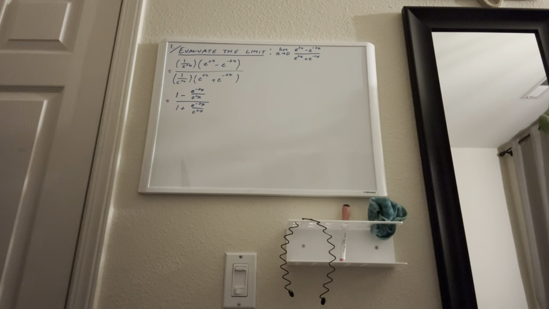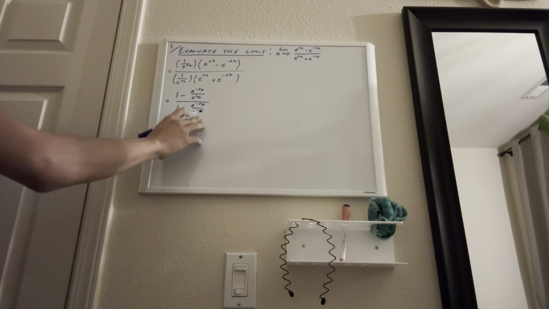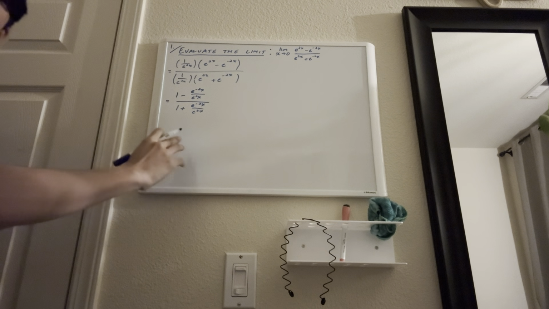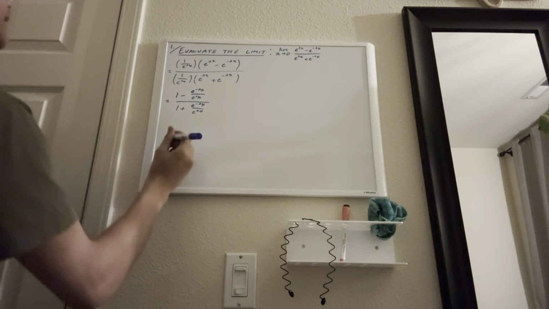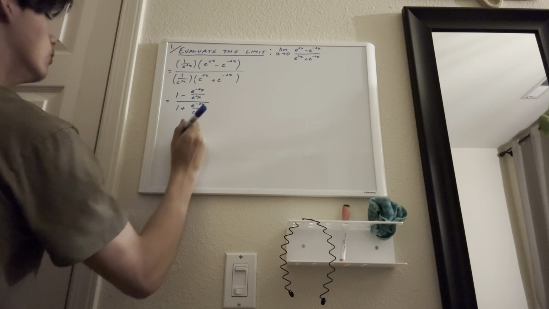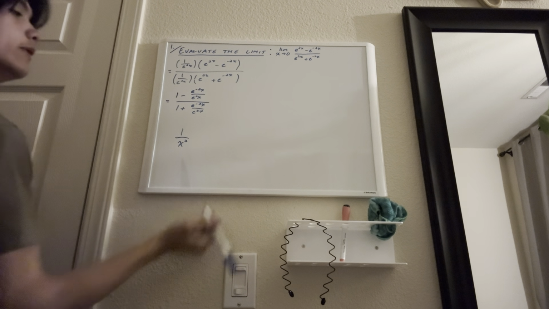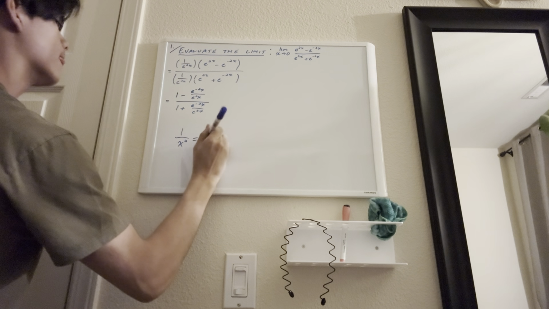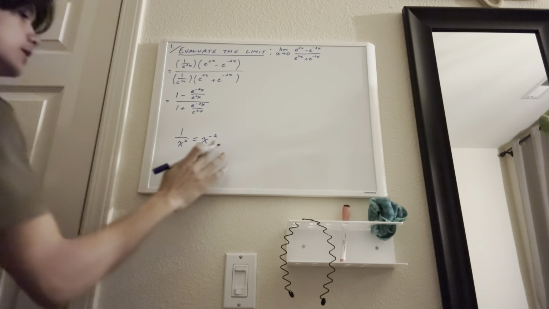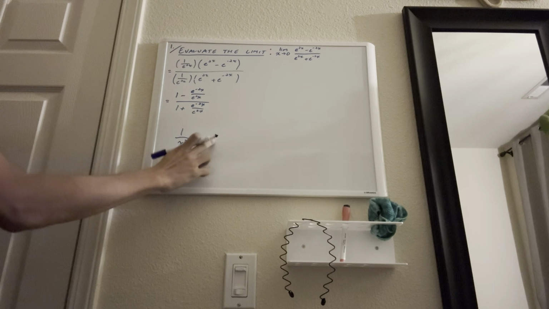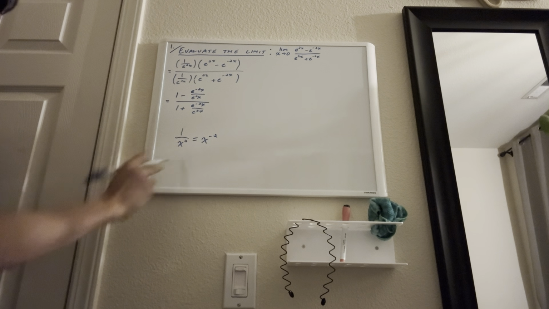now from here, we can do a cool thing with exponents. So we remember that if we have something like 1 over x squared, it'll be equivalent to x to the negative 2, since the negative means to take the reciprocal of x.